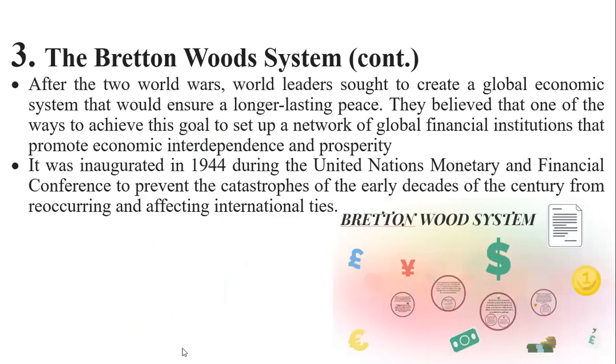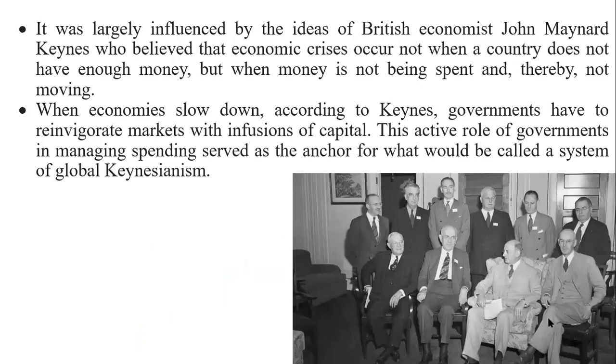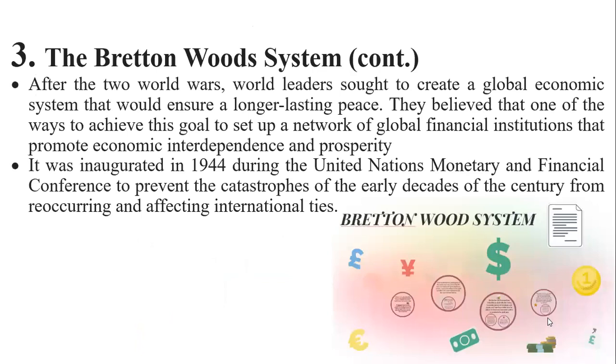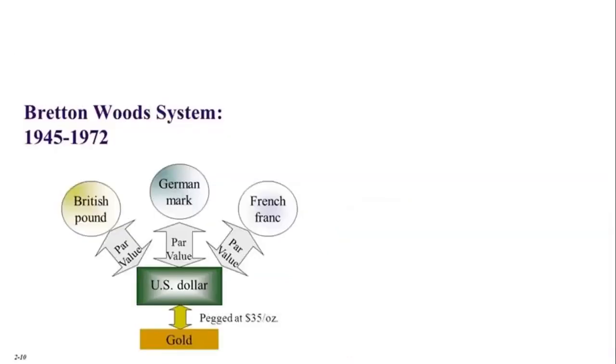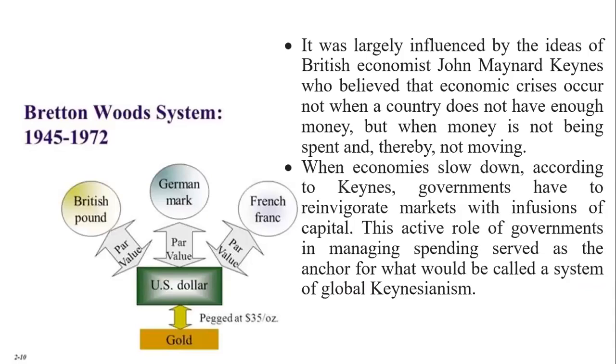Other countries have the yen and the euro. Japan is 360 yen to one US dollar. Also Germany, UK, France, Italy, and Canada. That was equivalent to gold. That is what happened during the Bretton Woods system, which was largely influenced by the ideas of John Maynard Keynes.